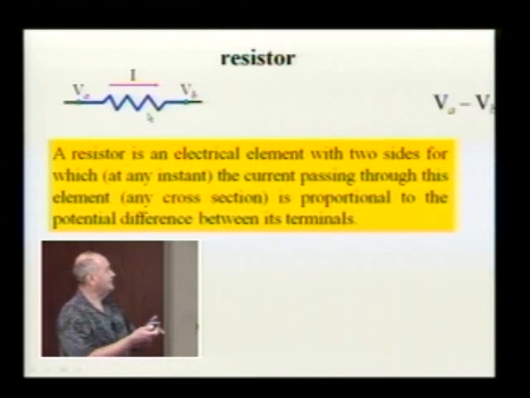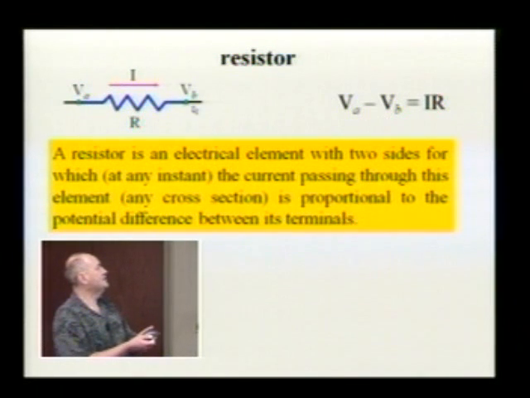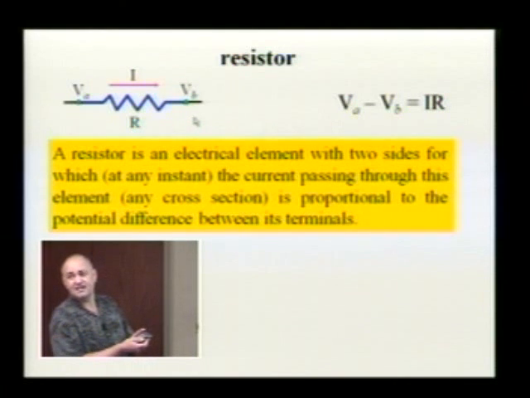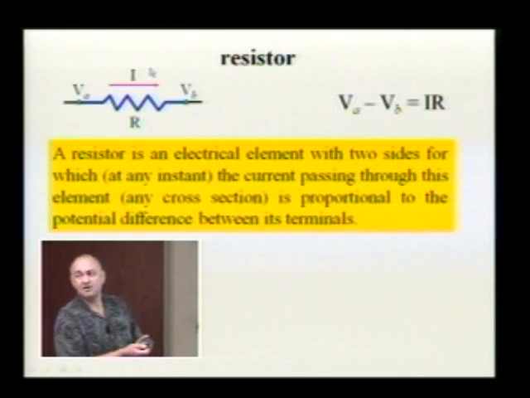So for potential difference, if you mark current to the right, then you have to take potential at the point which corresponds to the tail of that arrow, and subtract potential at the side of the resistor which corresponds to the head of the arrow. This potential difference is proportional to the current which we marked.